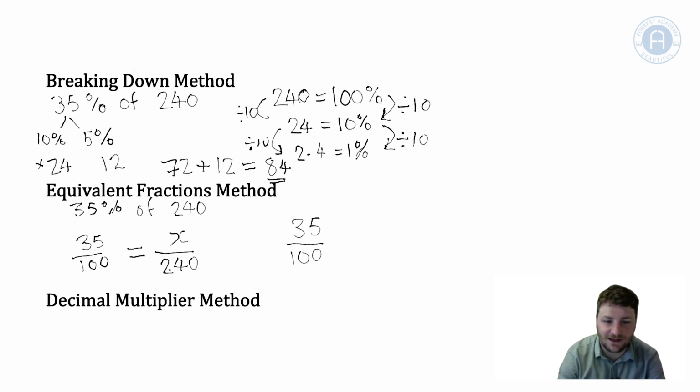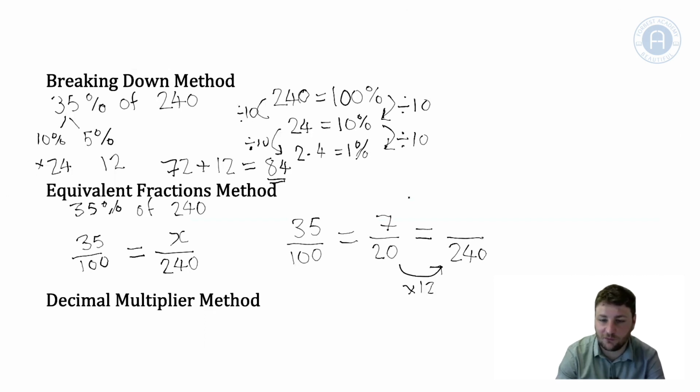We want to try and make it into 240. Well, we can simplify that fraction. If I divide by 5, we'll get 7 over 20. I'm trying to get to 240. So to get from 20 to 240, we can times by 12.